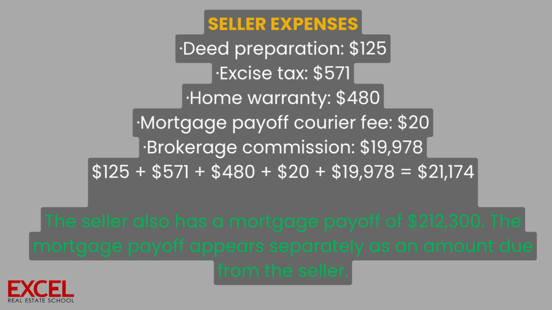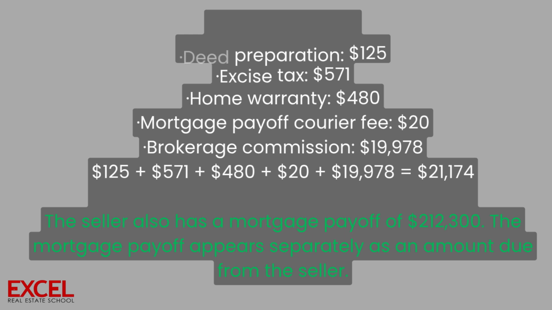You add all of those up, that gives us $21,174. The seller, they also have a mortgage payoff of $212,300. The mortgage payoff appears separately as an amount due from the seller.